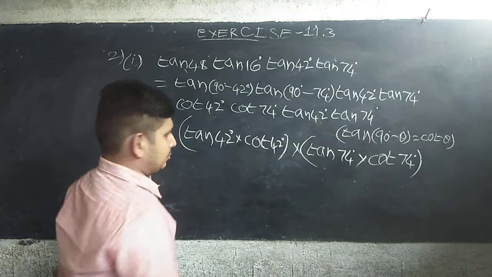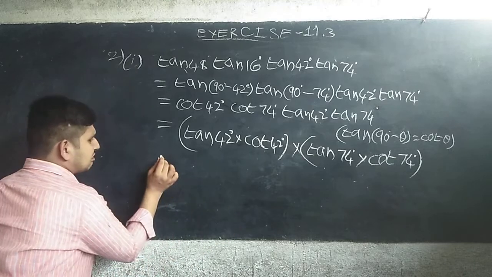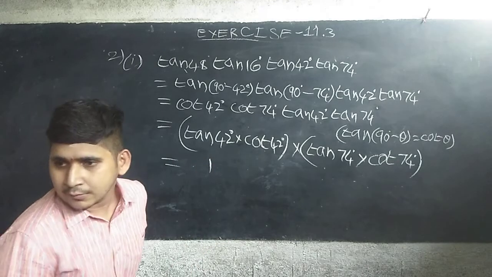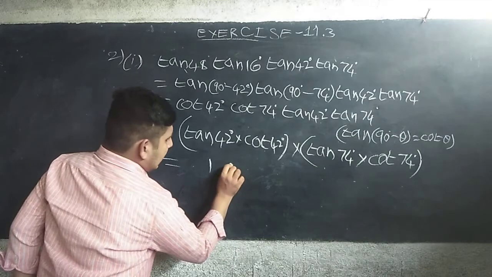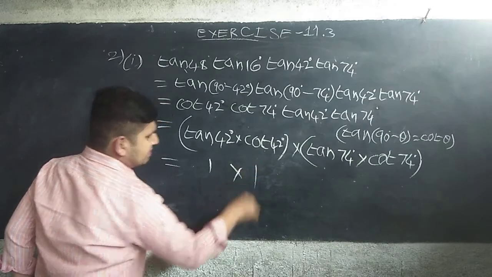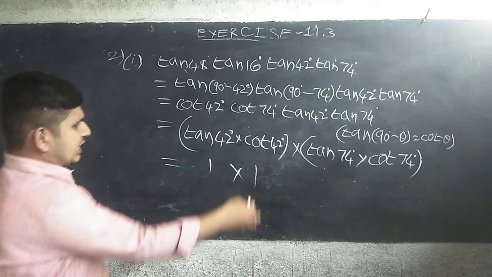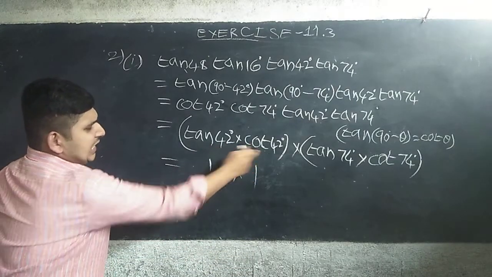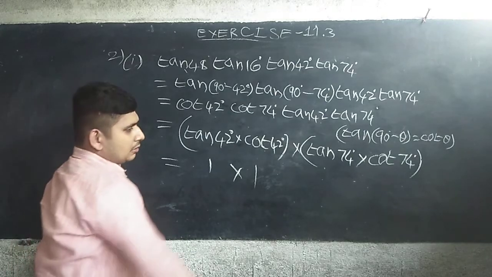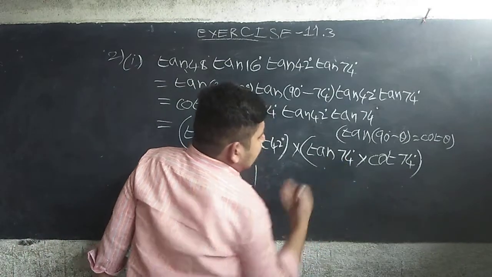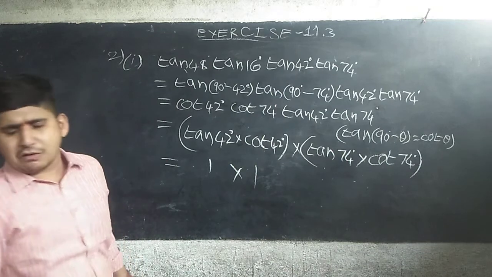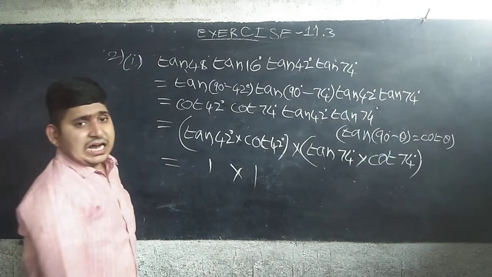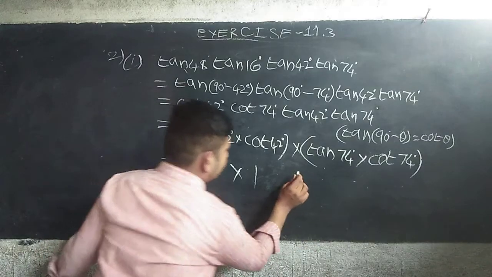Okay, now see, tan 42 into cot 42 is 1, into tan 74 into cot 74 is 1, because in the two terms the angle is the same, and here also the angle is the same. So we can apply the formula tan theta into cot theta equal to 1.